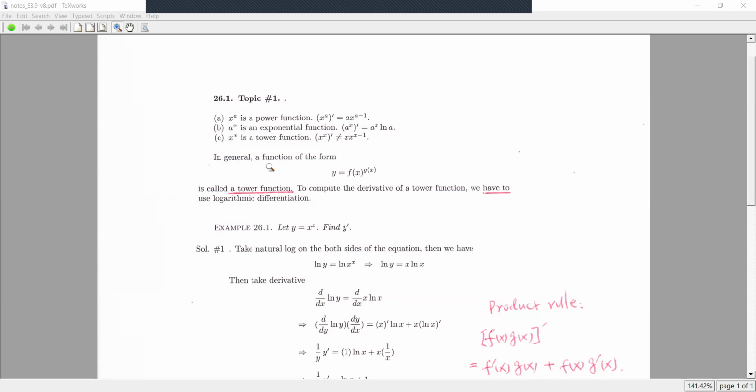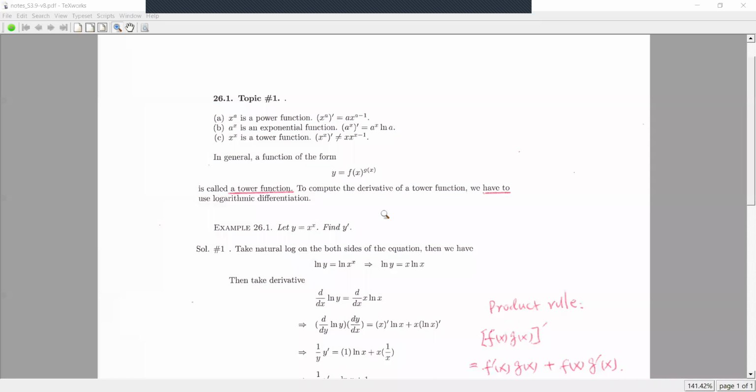In general, in a function of this form, the base is a function and the power is also a function. A function of this form is called a tower function. To compute the derivative of a tower function, we have to use logarithmic differentiation.